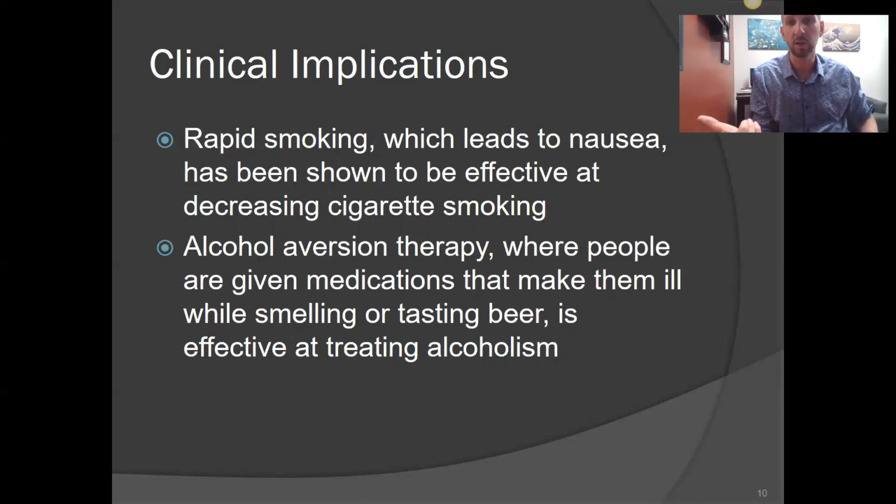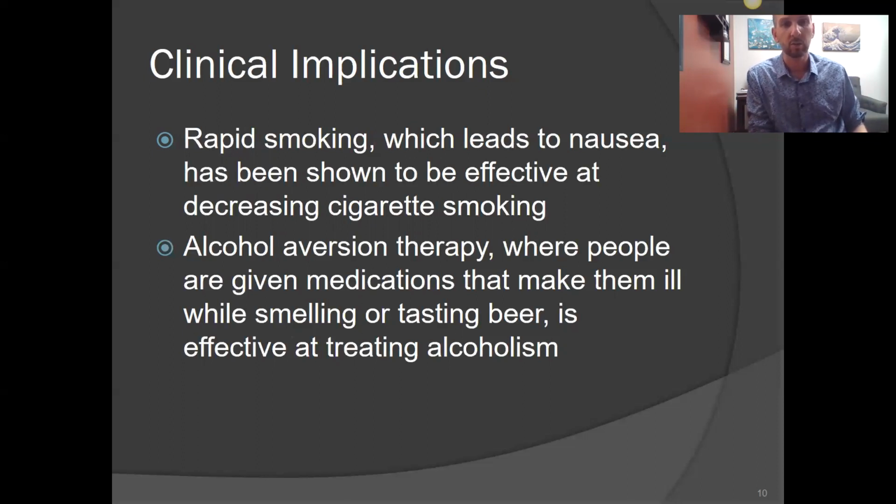If you smoke a whole pack of cigarettes in a couple hours, you're going to get sick. It's shown to be effective at decreasing cigarette smoking, because that person is going to have a memory of the nausea and associate it with smoking, and that seems to work well with people that are a little bit newer to smoking.